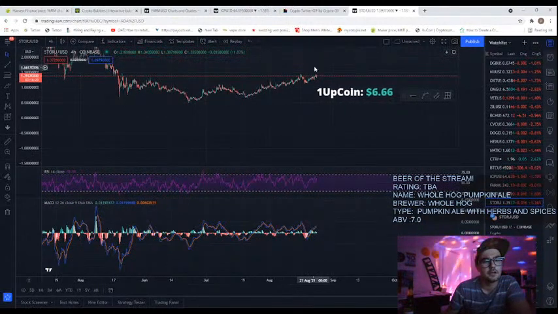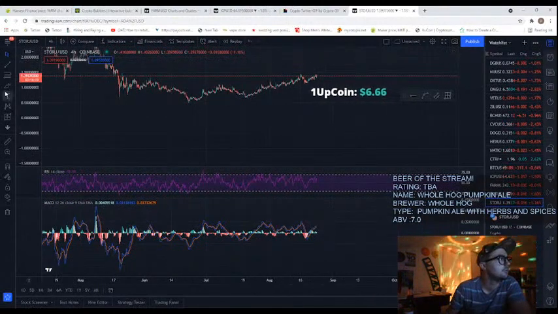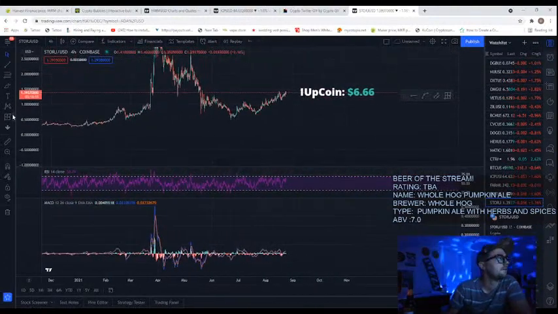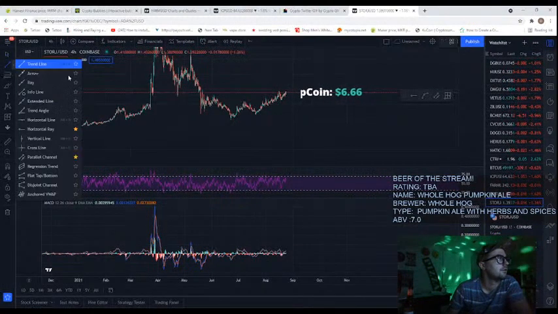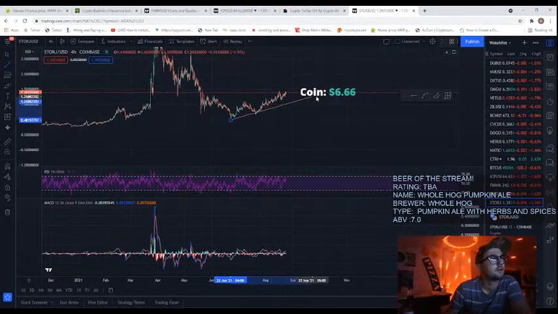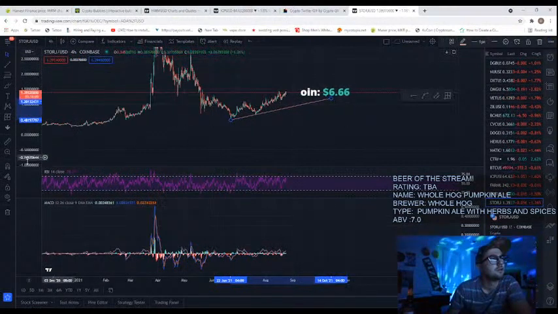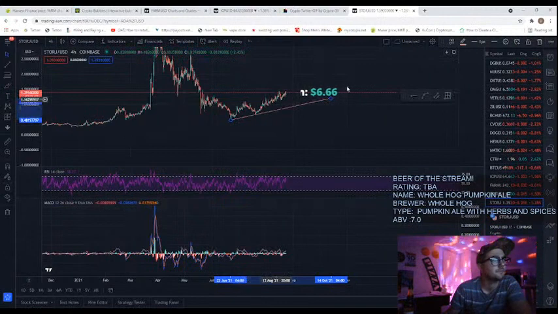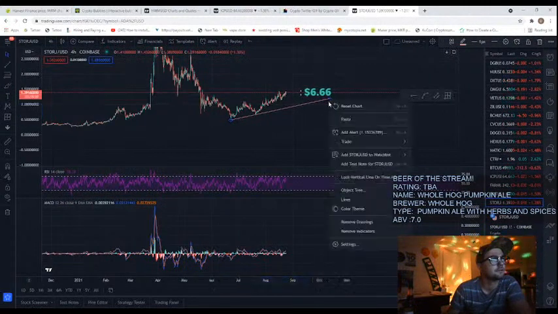Maybe here and here. I'll put them on there. You know, it might mean nothing. It's still in a pretty bullish trend. We can throw a little trend line on there from low to low. Very high above the trend line. Kind of looks like you even have a channel.